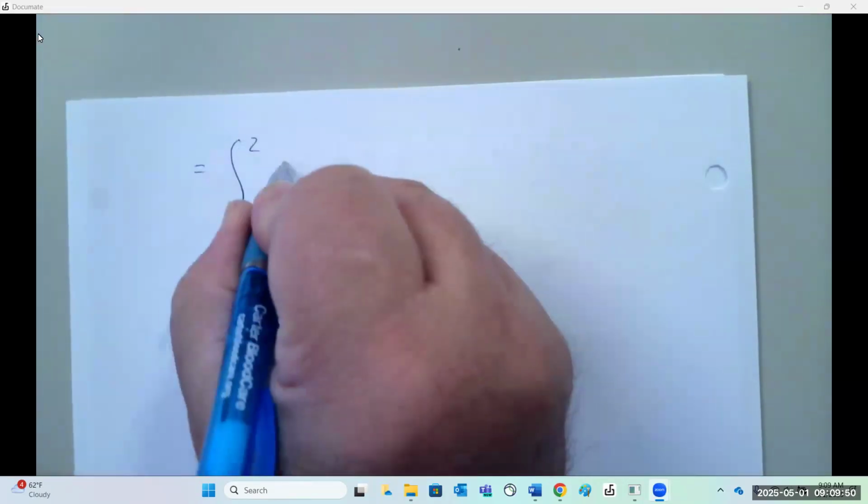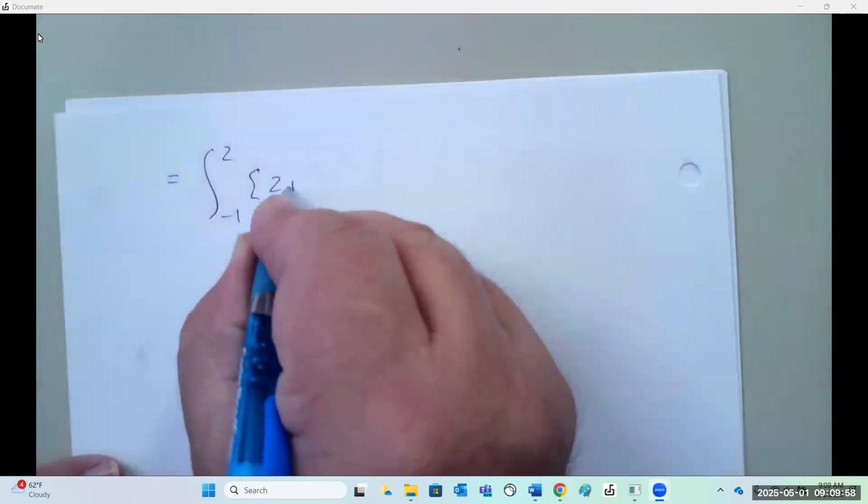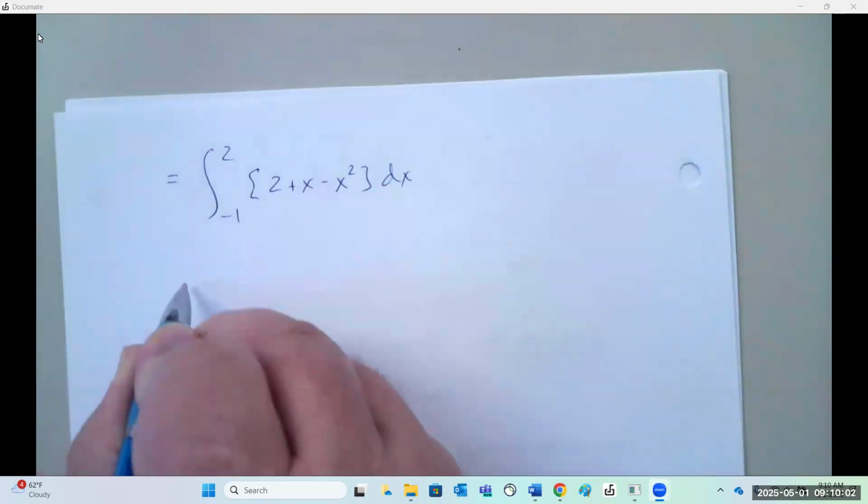I can rearrange those so it's in decreasing order. So from -1 to 2, we have 2 plus x minus x squared. Integrate those.